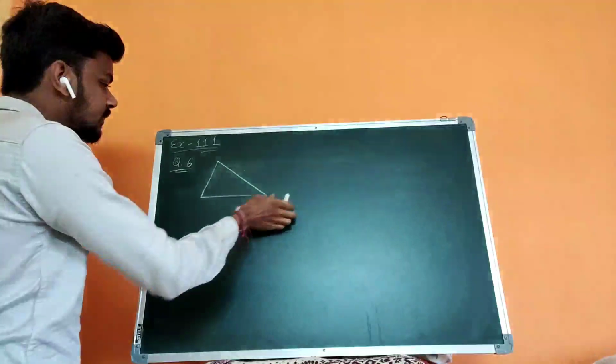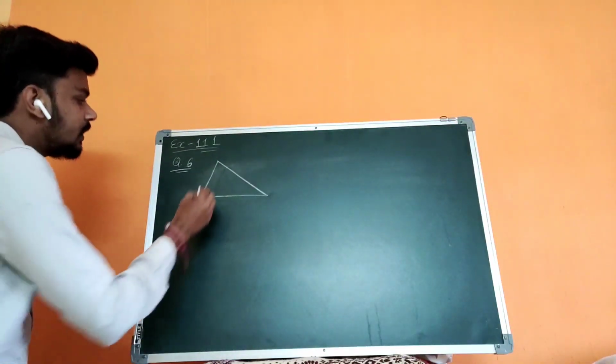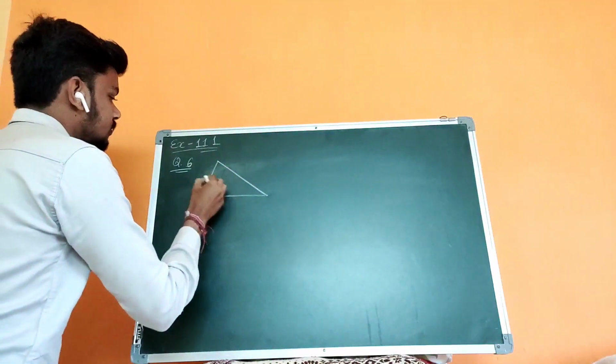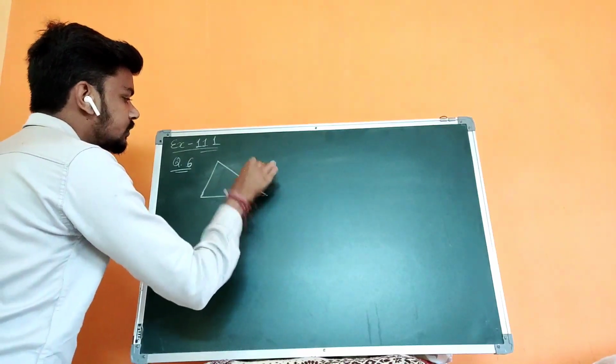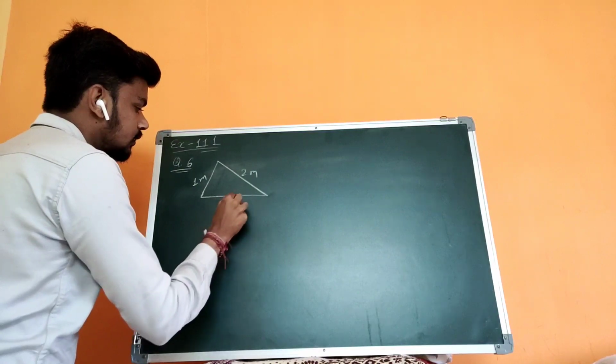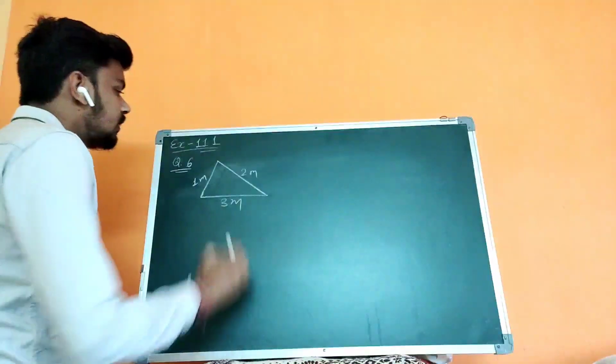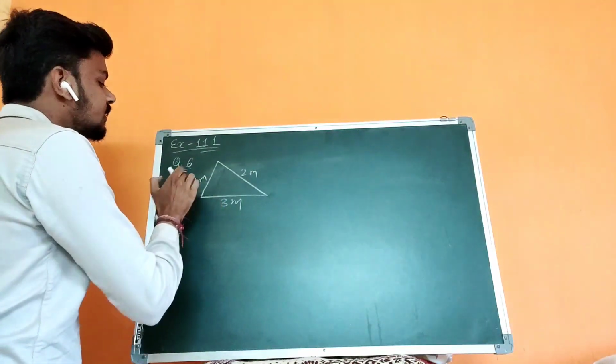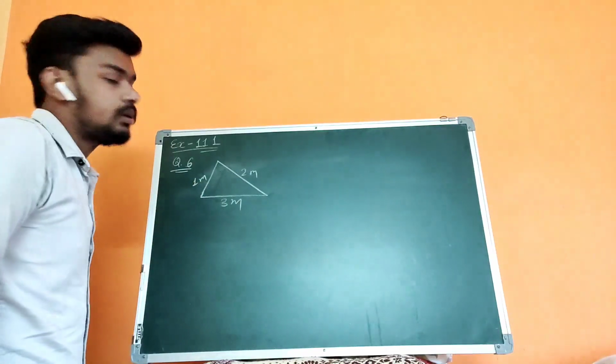Let's say this is the triangular park. Take this one as 2 meter, this one as 1 meter, and this one is 3 meter, right? This side is 2 meter, this side is 3 meter, and this side is 1 meter.